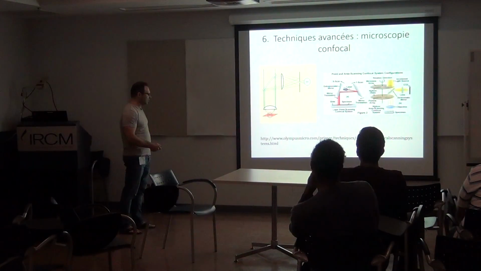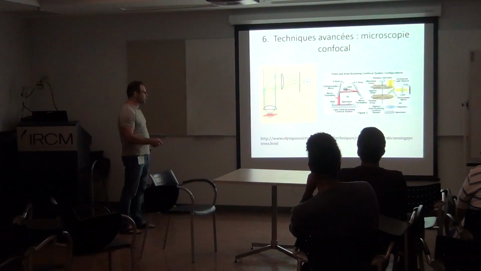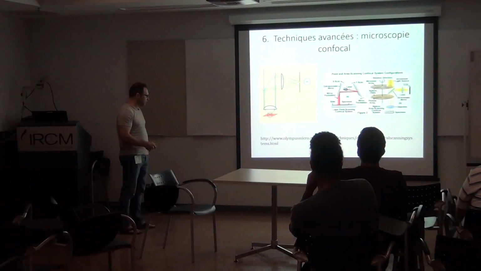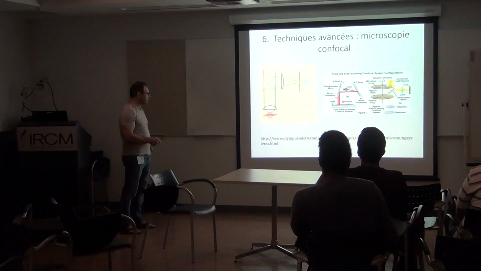So let's say you take those rays here, they would be focused and they will be blocked by this small aperture. Same thing if you take rays that are on top of it, they will be blocked also by this aperture. So only rays which are really at the focal position can enter the pinhole and be detected by the detector.